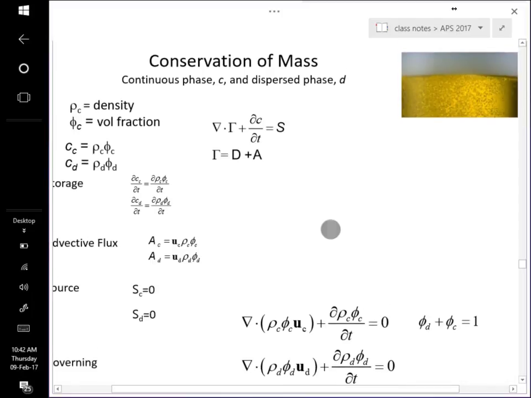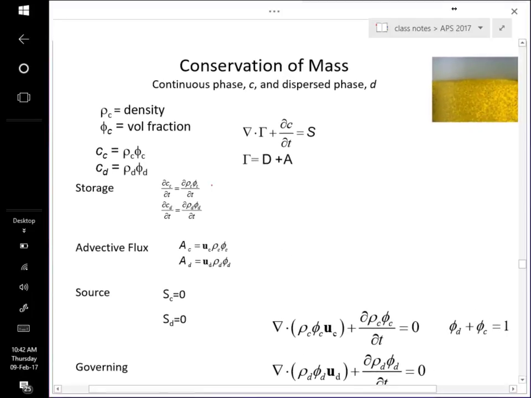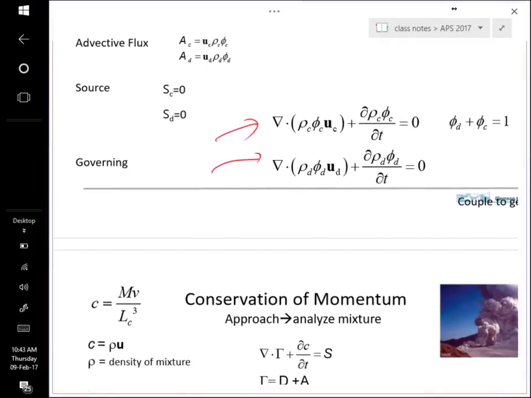So then we do conservation of mass. One approach is to just take conservation of mass on the two different phases. So we have conservation of mass for the dispersed phase as well as the continuous phase. That gives us these two mass conservation equations.